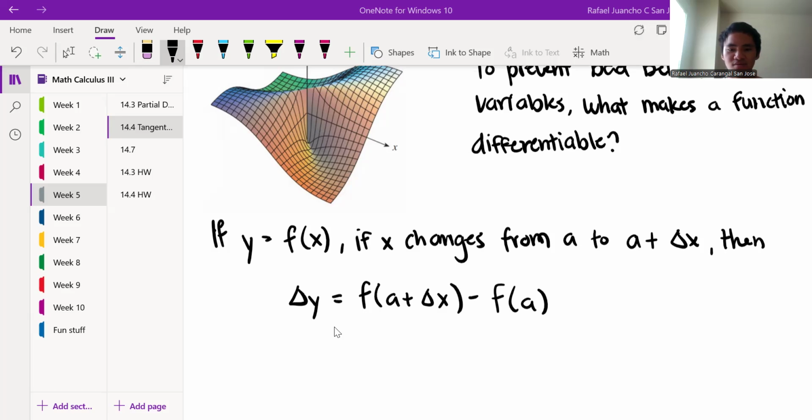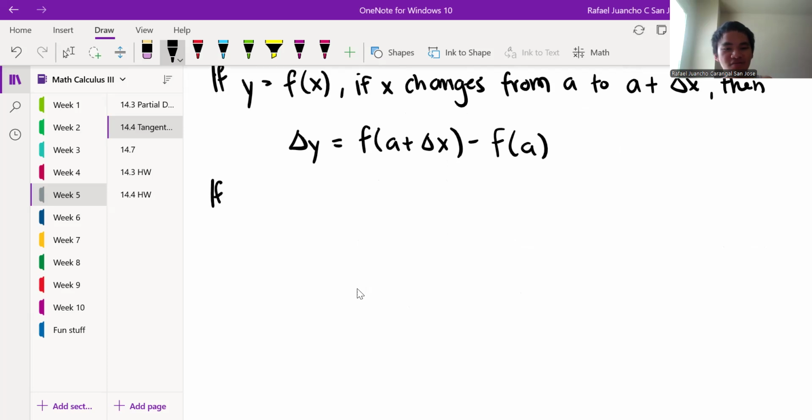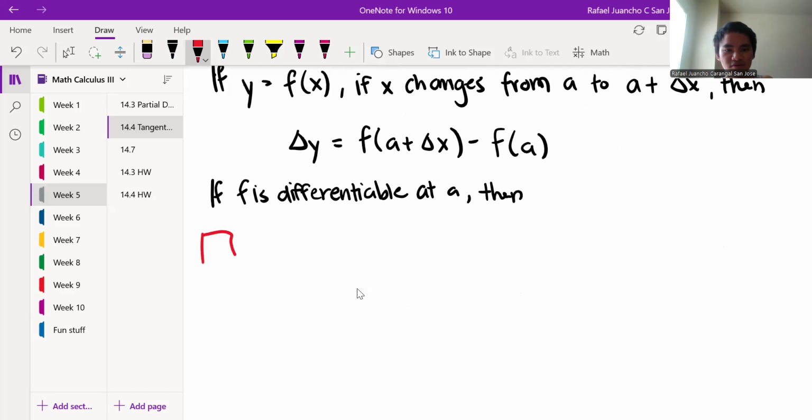So how can we say f is differentiable at a? Meaning we can take the derivative at that point a. Well then, let me write out the important stuff.